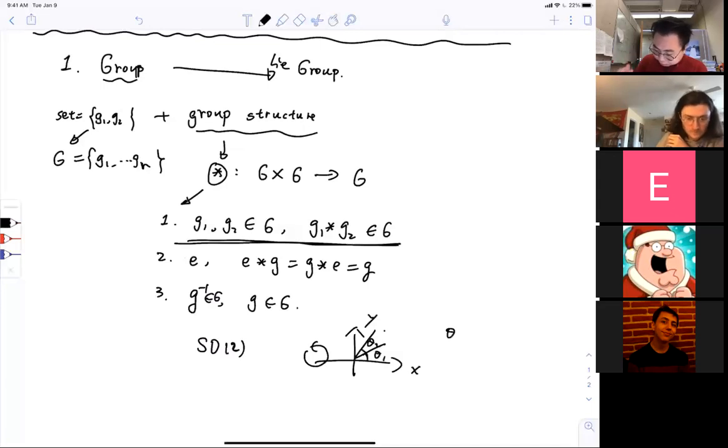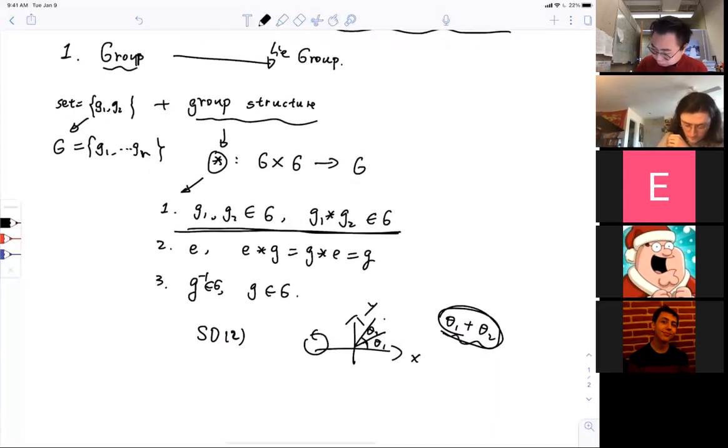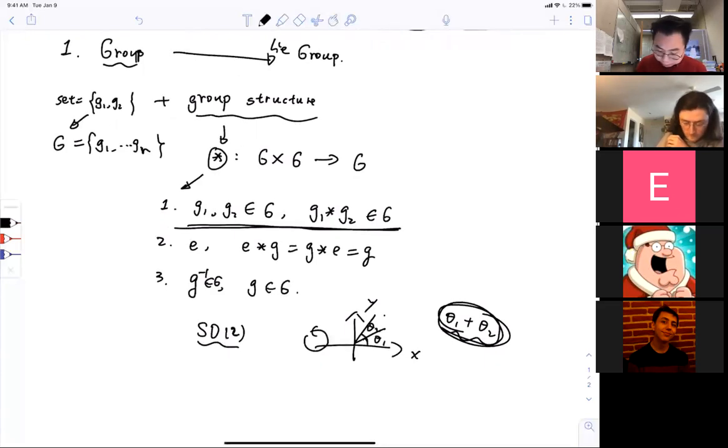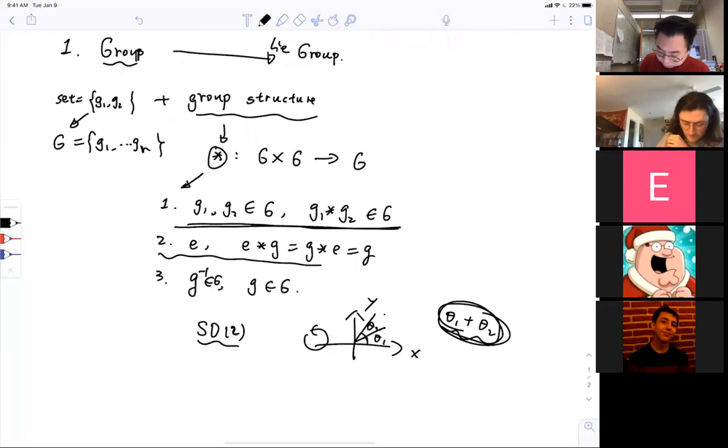The effect of those two rotations is to rotate by angle theta 1 plus theta 2, and this is also a group element. Obviously this is true for the SO2 group.